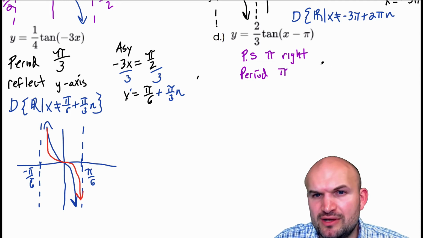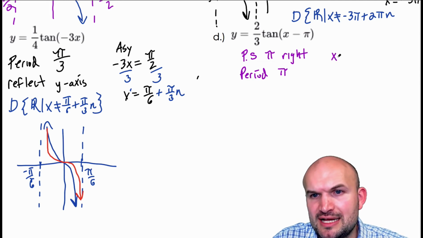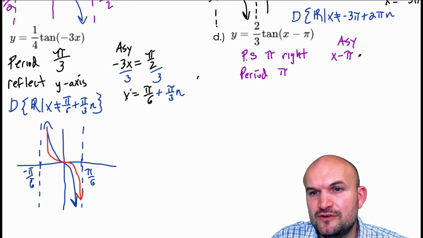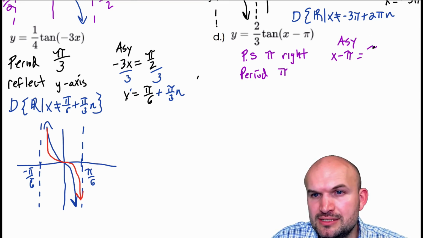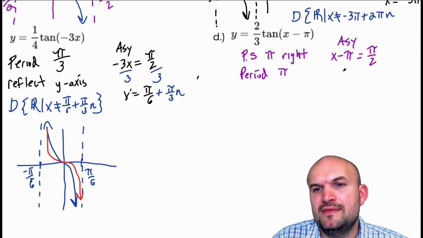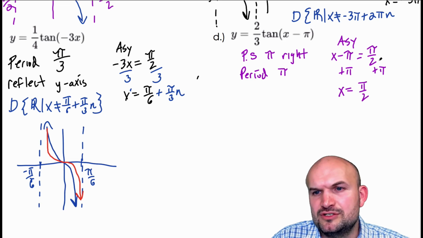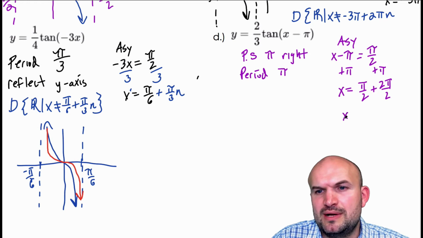So let's find the asymptotes though. I'll still set x minus pi, this is for my asymptotes, set what's inside the function equal to either my start or my end. I'll use the end, and then I'll just add a pi here, add a pi. x is equal to pi halves, change pi to 2 pi over 2, so x is equal to 3 pi over 2.